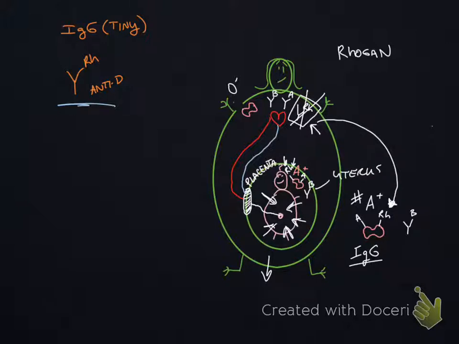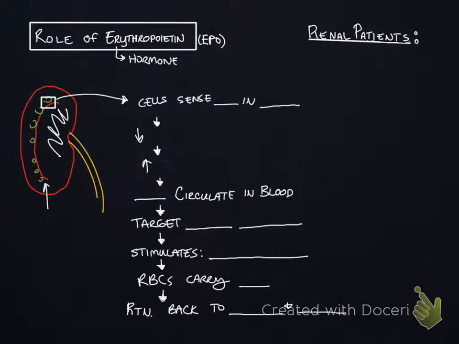All right, there's one more thing I want to talk about and we'll be done. And that's erythropoietin, or EPO. Erythropoietin is a hormone. It's made in the kidneys, in the cortex. So this is the lower portion of the cortex of the kidney.